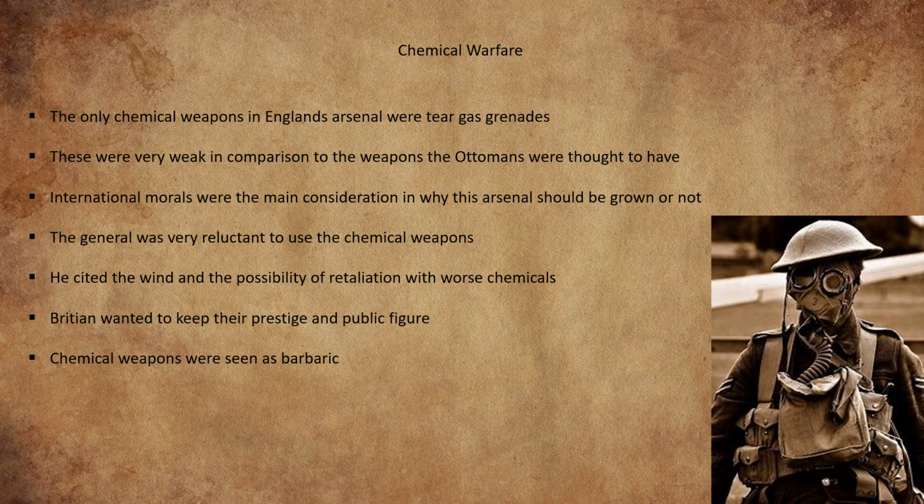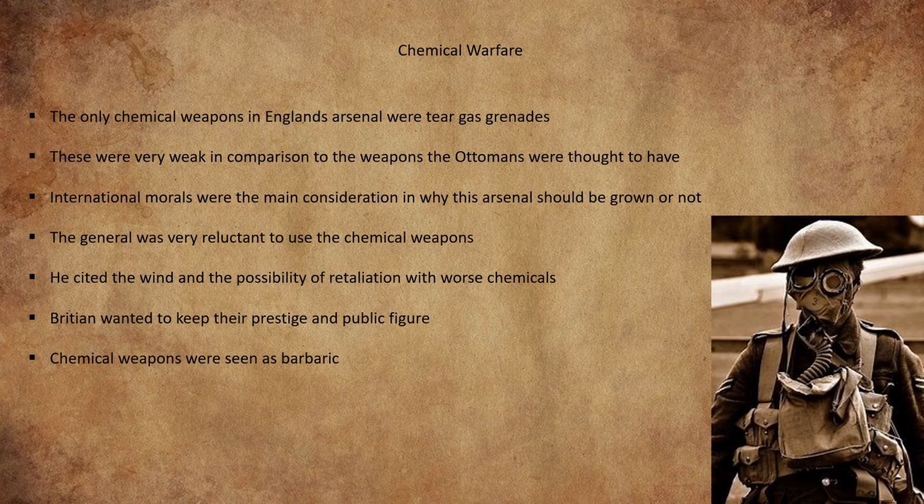The general cited the wind and the possibility of retaliation with worse chemicals as reasons not to deploy chemical weapons, because it could then backfire on his troops and cause more casualties and cost more damage than they would have gotten regardless.